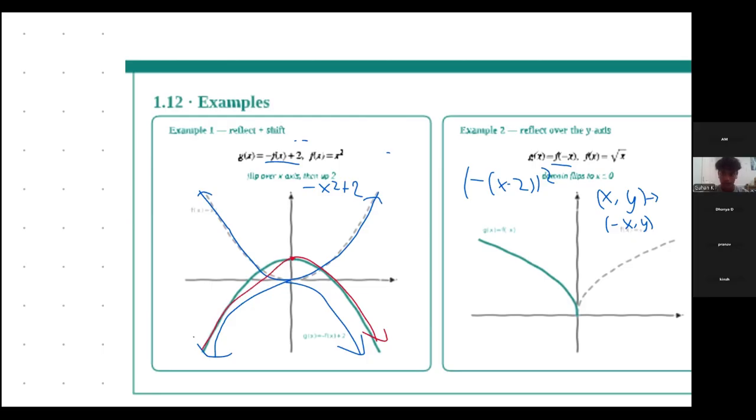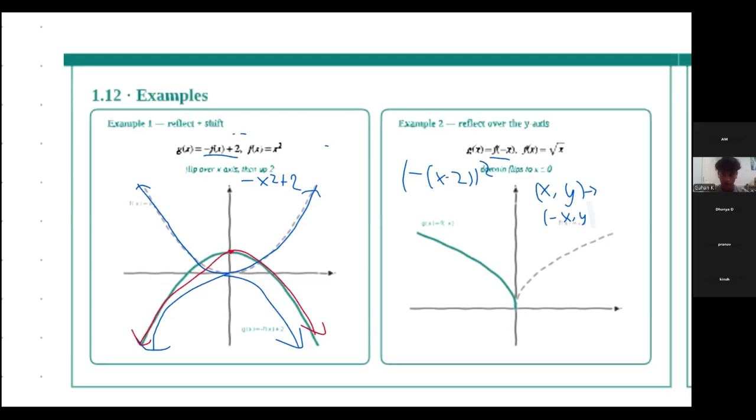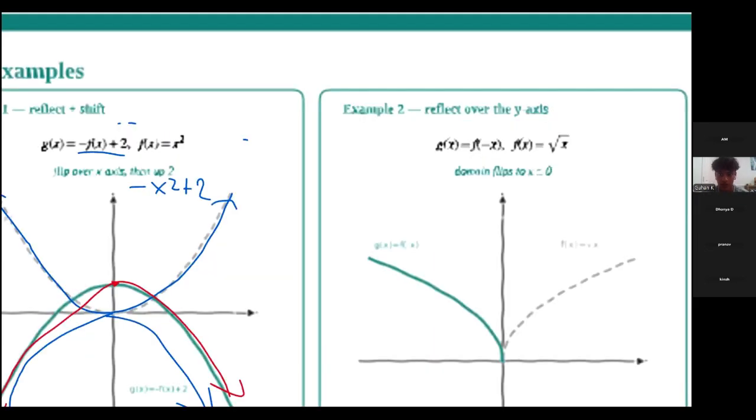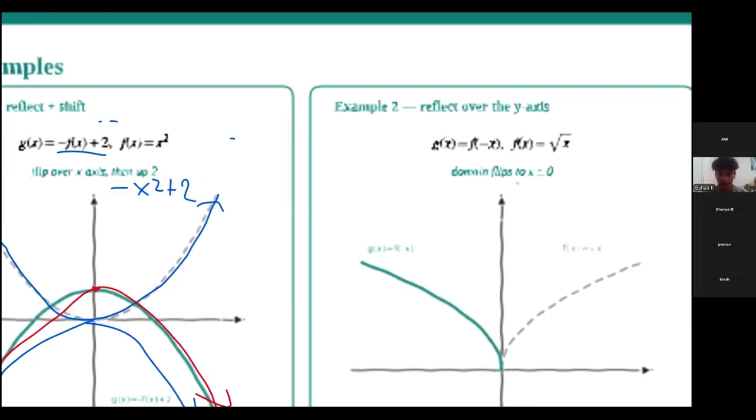Now let's look at this example. F of negative x, and f of x equals square root of x. So they're saying g of x equals f of negative x. So f of negative x.